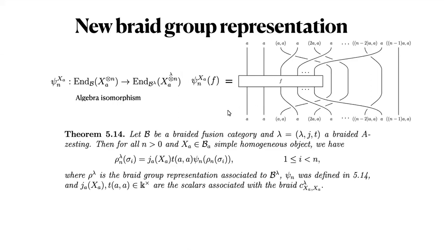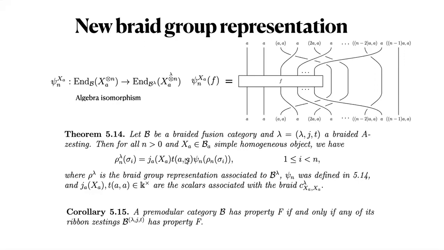And the point is that the new braid representation changed very little. What I'm saying is, if you take one of the generators of the braid group and you see what is the image through this new braid representation, up to the automorphism, it's just the old one times one scalar, and the scalar is associated with this T and with this G, and this scalar in general is a root of unity.